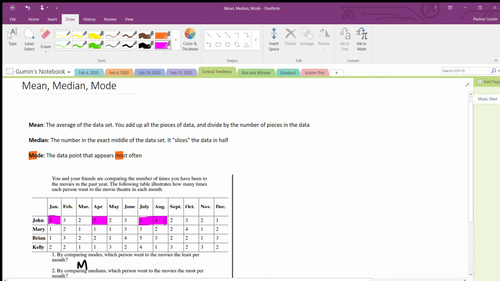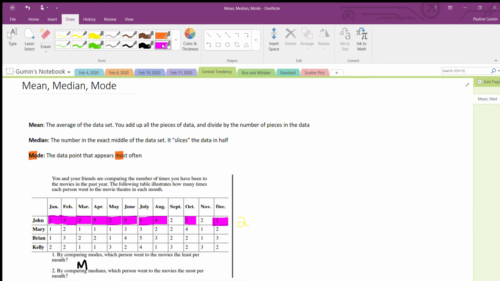Yet another 1. Do I have any other 4s? No, so I'll cross off a 3. Is there any more 1s? No. Okay, so then I cross off a 2, another 3, another 2, another 3. Okay, well, the middle between 2 and 2 is 2. So John has a median of 2.